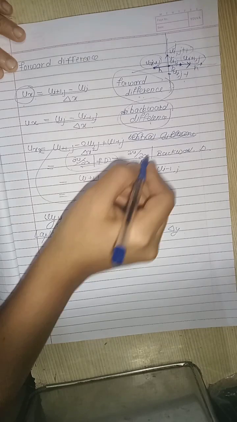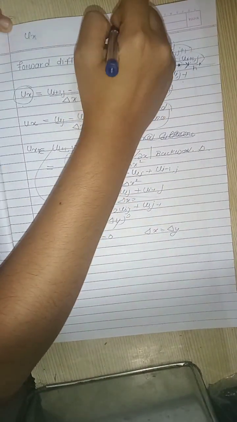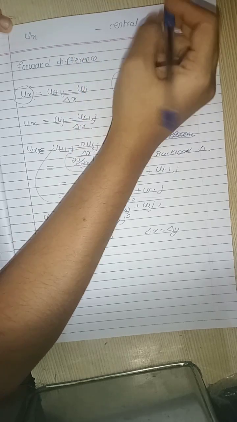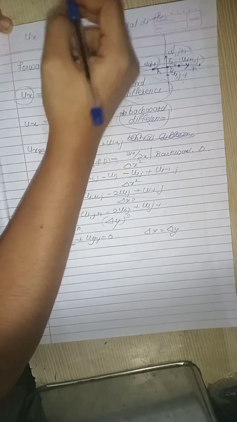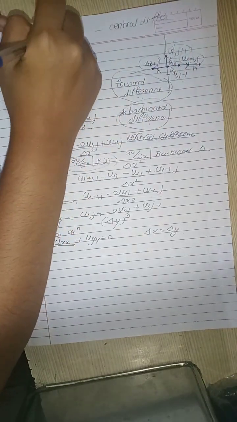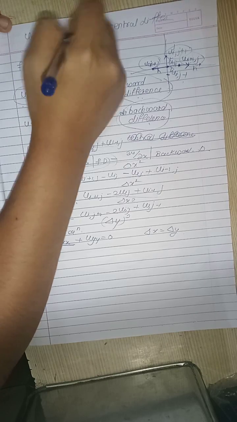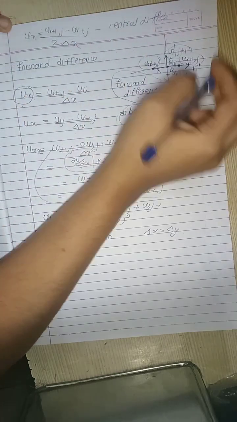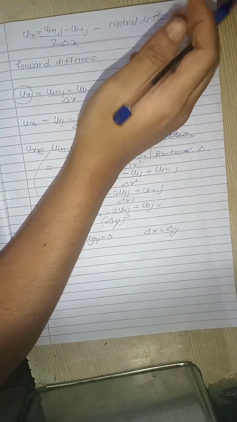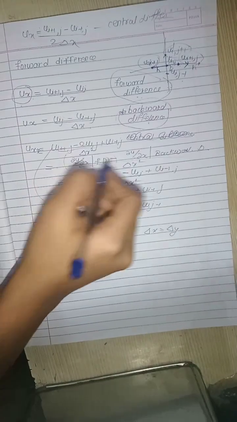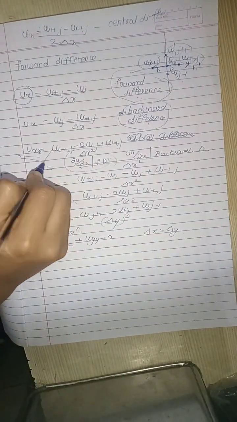For u_x using central difference, you need to just take the average of both the points, which is (u_i+1,j − u_i−1,j)/2Δx. So this is just using central difference, calculating the average between the 2 points, and whatever we had calculated before was for u_xx. So this is the value of u_xx.